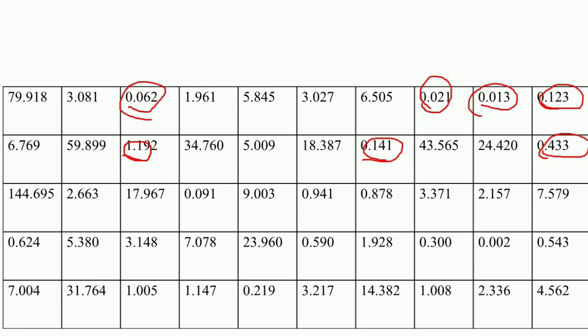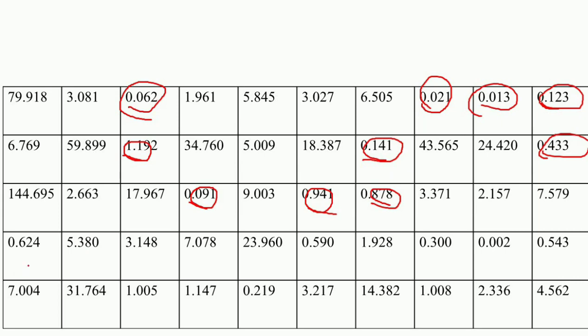The values which lie from 0 to 1.589. In the third row, that is 0.091, again 0.941 and 0.878.